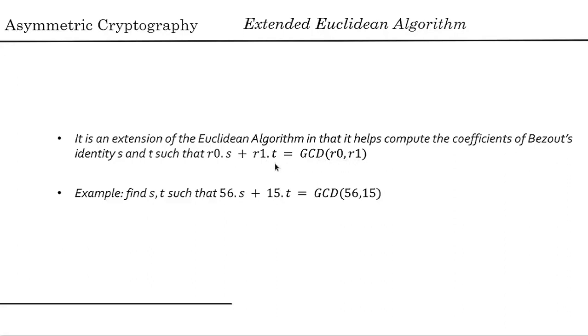For example, we need to find S and T such that if you have two numbers 56 and 15, 56 times S plus 15 times T will be equal to the greatest common divisor between 56 and 15. I promise, we will use all of these. None of this will be just talking math for the sake of it.